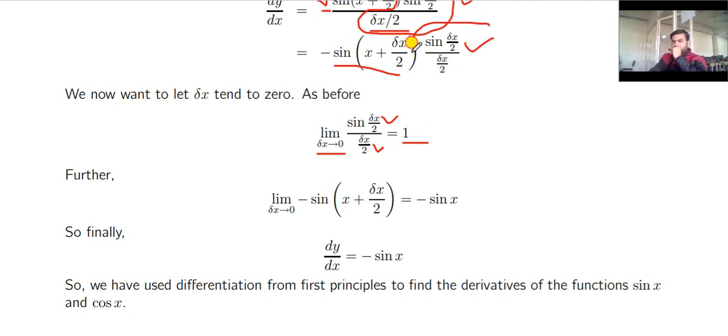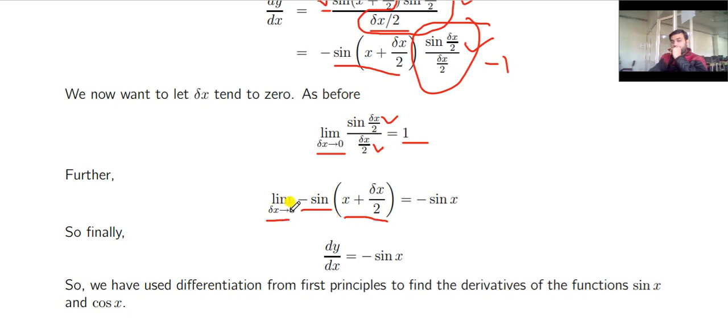So when this becomes 1, it is multiplied with sine, so there is no effect on that. So this becomes limit del x tends to 0 minus sine x plus del x by 2.